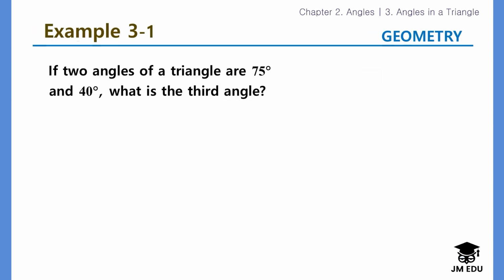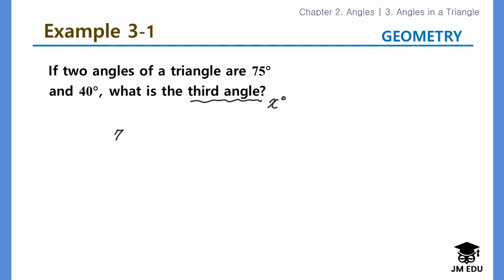Example 3-1. If two angles of a triangle are 75 degrees and 40 degrees, what is the third angle? So we're going to let the third angle be x. We know that the sum of three angles in a triangle is equal to 180 degrees, right?